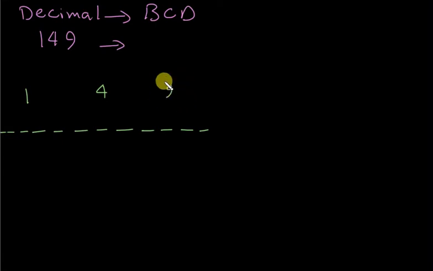First I'm going to find the binary number for the number 9, and this is going to be 2 to the power of 0, 2 to the power of 1, 2 to the power of 2, 2 to the power of 3, and again for each group of 4.